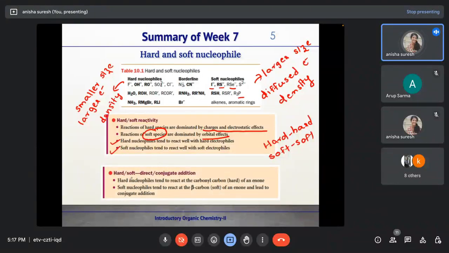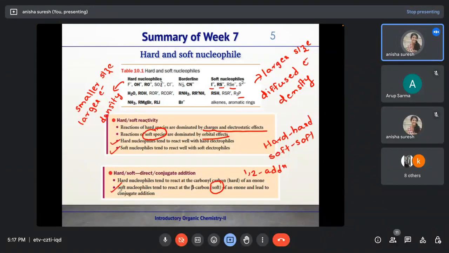In case of hard nucleophiles, we have seen that their reactions are dominated by charges and electrostatic effects. And in case of 1,2 addition, this electrostatic effect is more dominating. So hard nucleophiles will react at the carbonyl carbon of an enone. That is, 1,2 addition will take place if there is a hard nucleophile. And soft nucleophiles tend to react at the beta carbon, which is soft, of an enone and lead to conjugate addition.